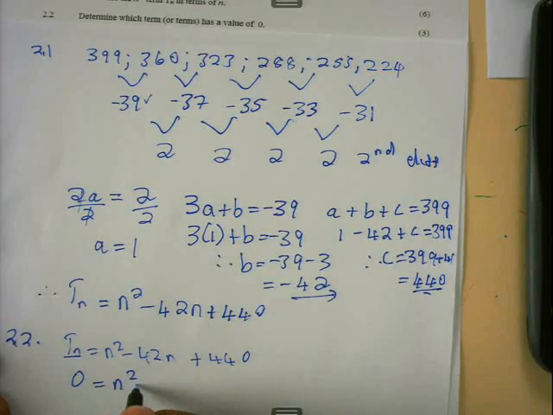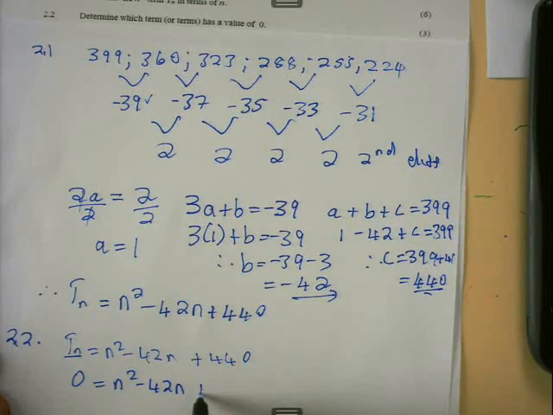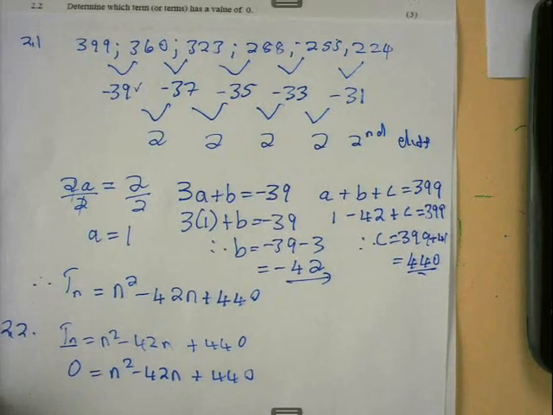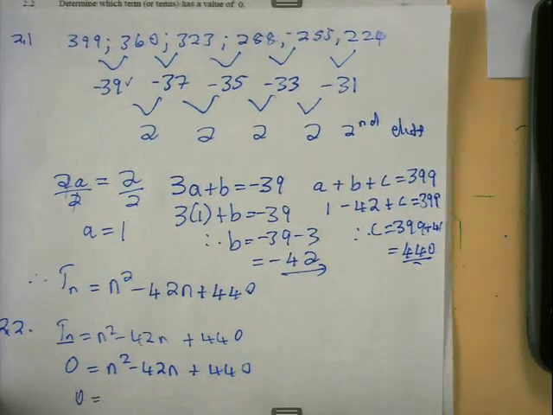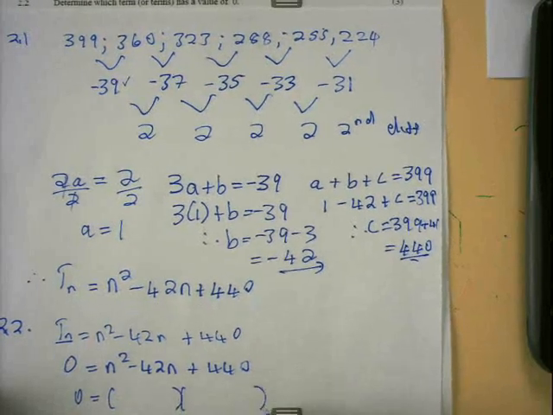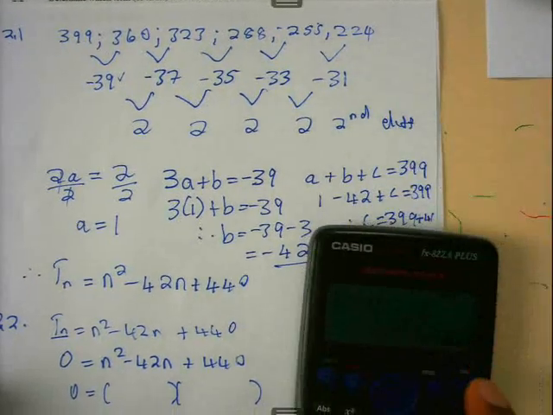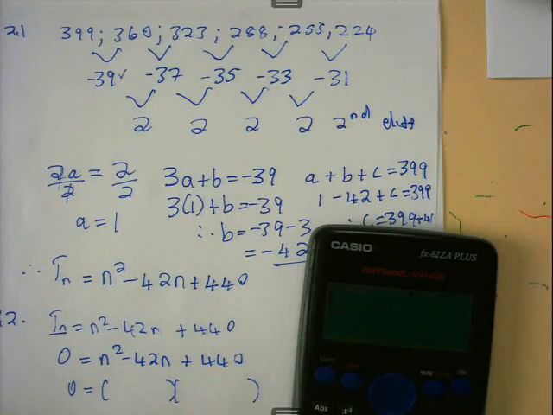Now we have n squared minus 42n plus 440 equals 0. Right, boys and girls, the next step here is to do what? We now factorize this one here. Of course, remember I said in this case, because you have big numbers here, you can use the quadratic formula.